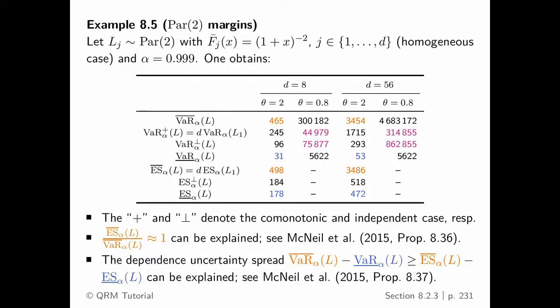Good. One little comment on that. That's just for the example comment. The fact that we have D equals 8 and D equals 56 is because we started working on these problems because of operational risk. The Basel Committee, Basel II operational risk, you had the 8 business lines and 7 risk types.